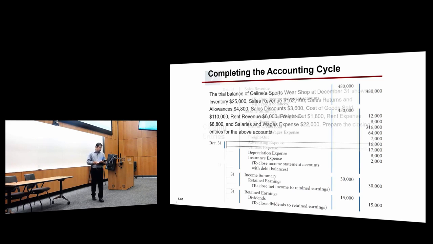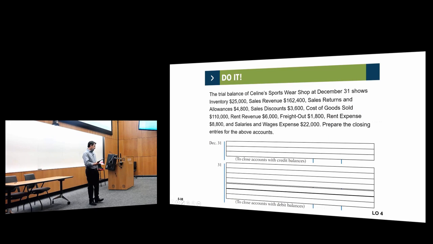So the trial balance of Celine Sportswear shop at December 31st shows inventory 25,000, sales revenue 162,400, sales returns and allowances 800, sales discounts, cost of goods sold, net revenue, freight out, rent expense, salaries and wages expense. We need to prepare the closing entries. Remember, when you do the closing entries, what do you always start with?